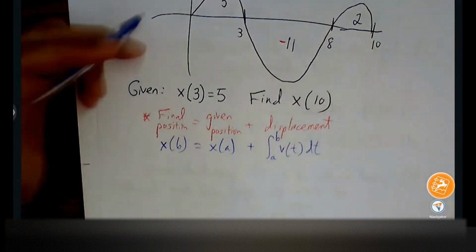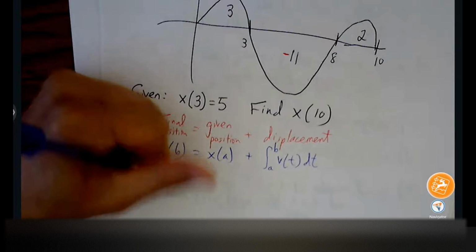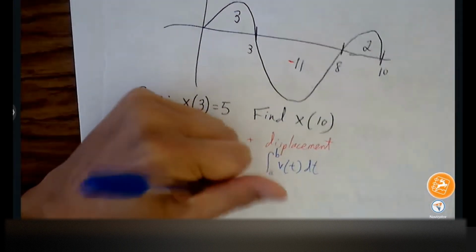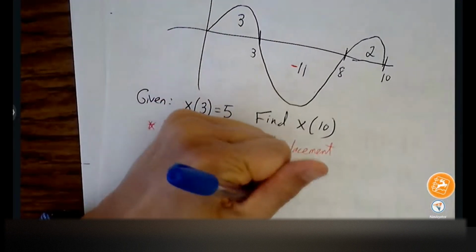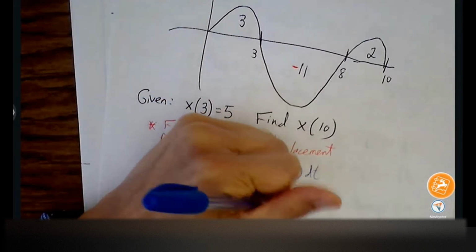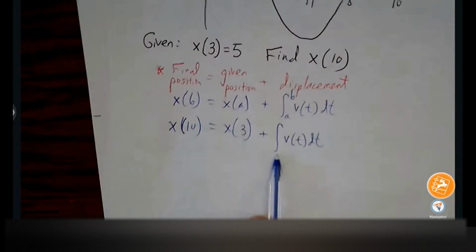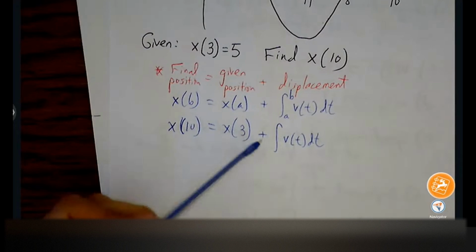X of 10 is the unknown. X of a is my starting point. And what are my bounds going to be if I want to bridge the gap between my starting and ending point? What should my bounds be?